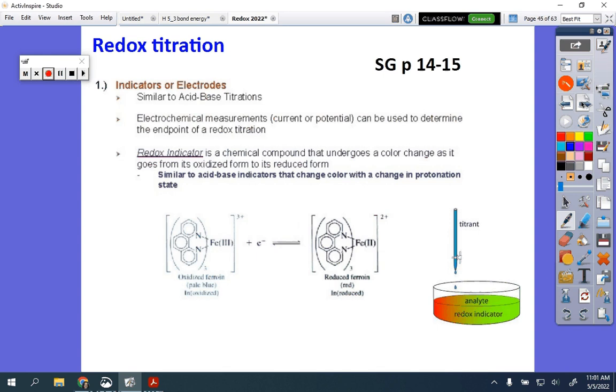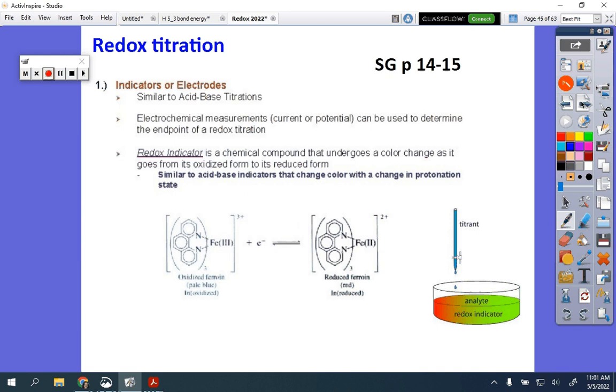You can use an electrode measuring current or electrical potential to figure out the endpoint of the titration, but you can also use an indicator, and it's going to be a compound, usually some kind of transition metal complex. The transition metals often will change color based on their oxidation state and what they are complexed with.